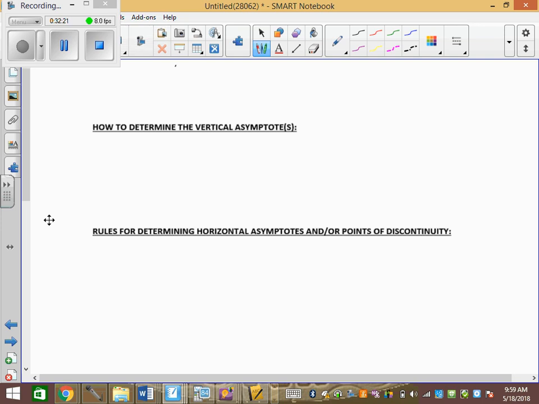So vertical asymptotes are x equals asymptotes, correct? We agree? Now, asymptotes are where the graph does not exist. Last year in rationals, you did non-permissible values for the denominator because your denominator can't equal 0.